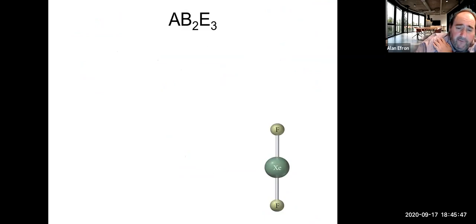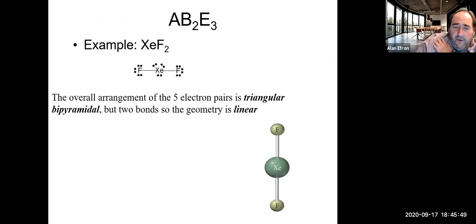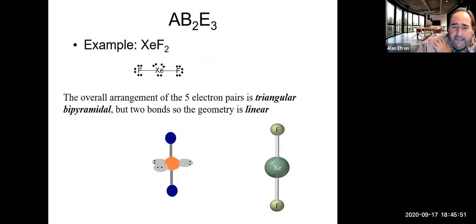So first example of that is going to be a central atom with two things bound to it and three lone pairs happening there. And in this particular case, if we count, we've got 1, 2, 3, 4, and 5 electron pairs happening. So this is 5 electron pairs. We've got 1 and 2 bonds happening there.